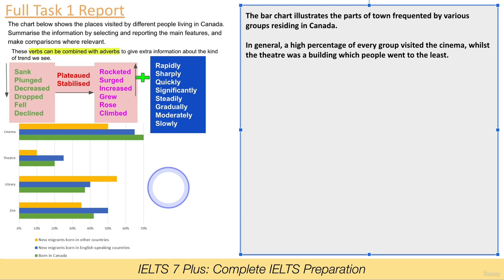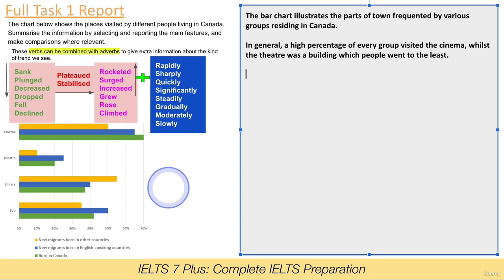Let's read this back. In general, a high percentage of every group visited the cinema, whilst the theatre was a building which people went to the least. Okay, so that is our overview, just briefly drawing upon some main takeaways from this bar chart.